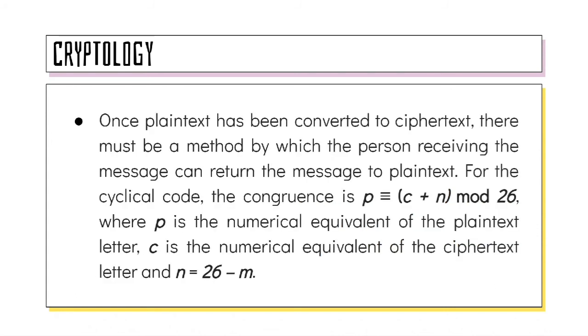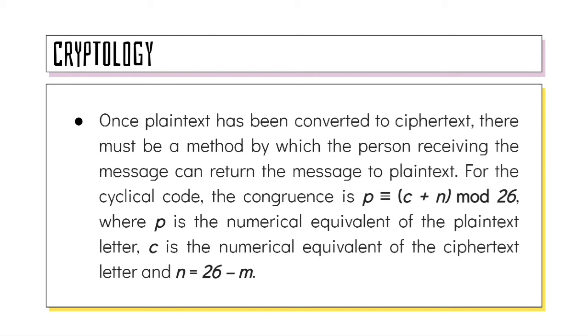Now, once plain text has been converted to ciphertext, there must be a method by which the person receiving the message can return the message to plain text. So, class, I have explained from plain text to ciphertext. Now, ciphertext to plain text.